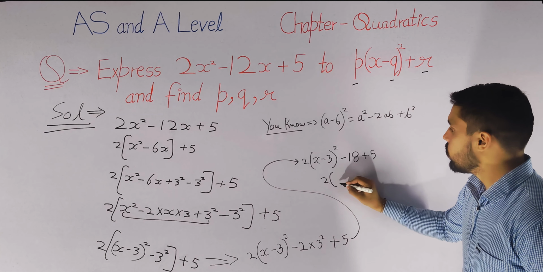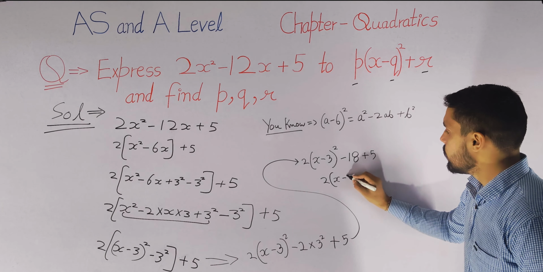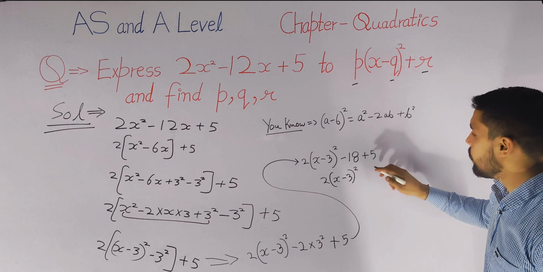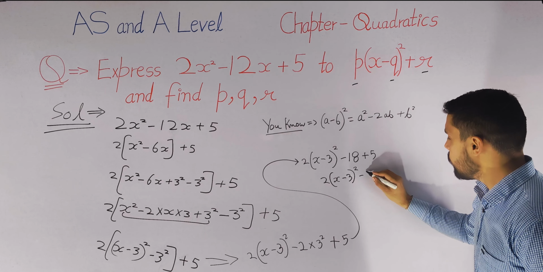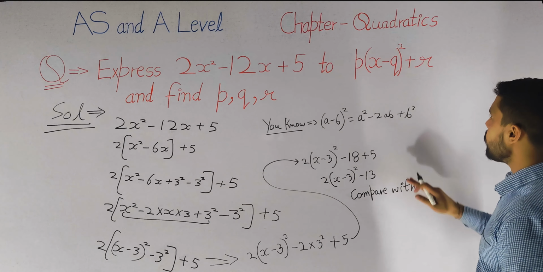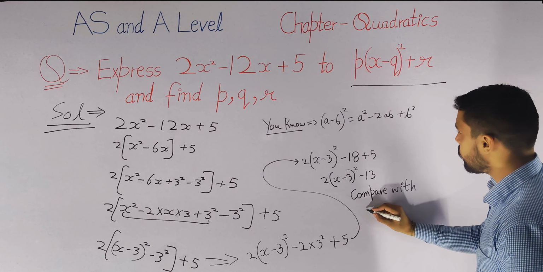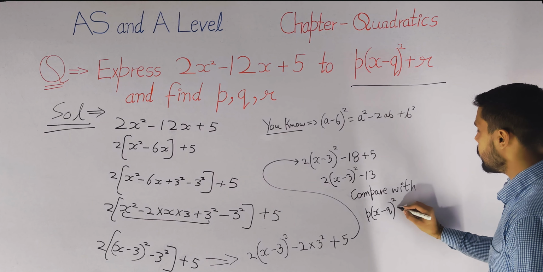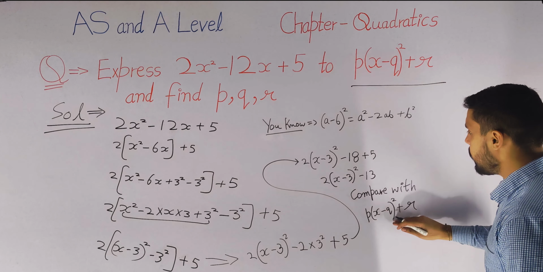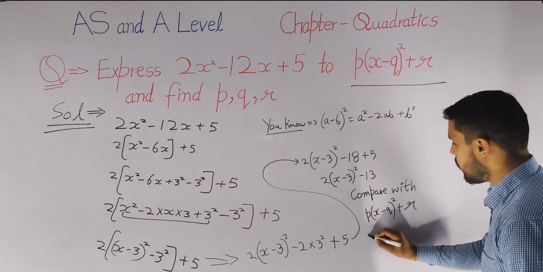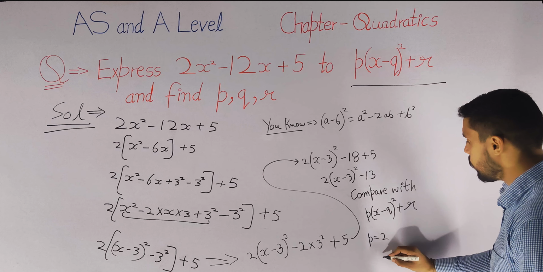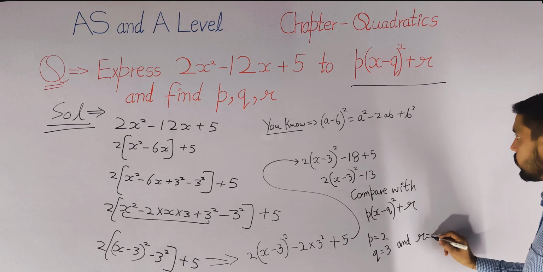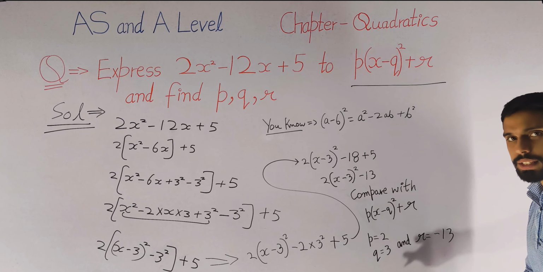You will get 2 times x minus 3 whole square, and negative 18 plus 5 is equal to negative 13. Now compare with p bracket open x minus q bracket close square plus r. If we compare this with this, we get p is equal to 2, q is equal to 3, and r is equal to negative 13, and this is our answer.